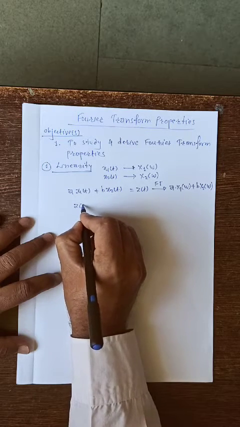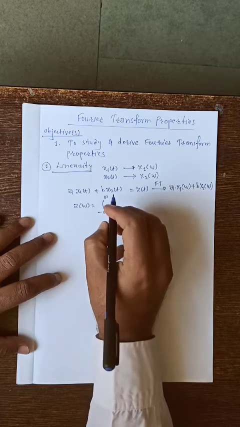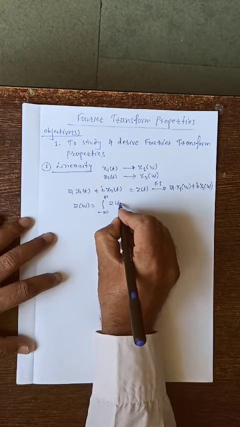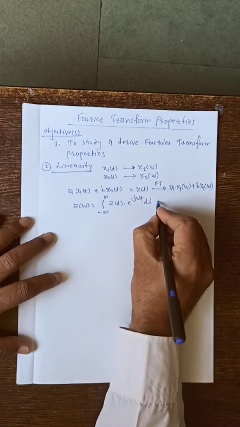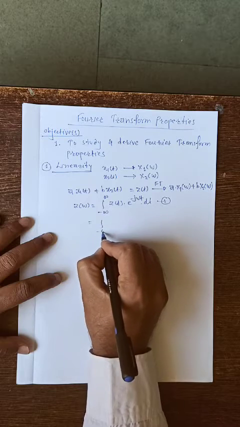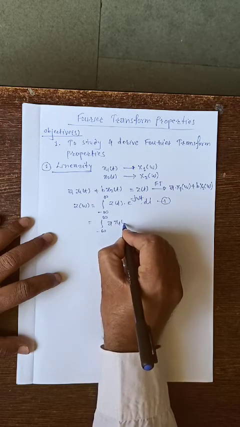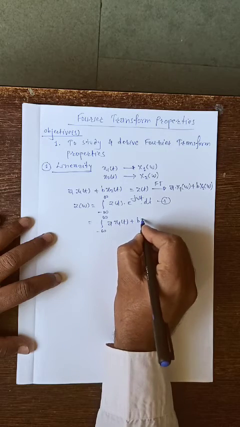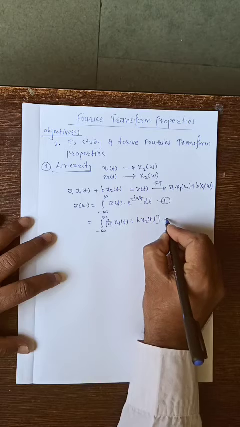So Z(omega) is equal to the integral from minus infinity to plus infinity of z(t) e^(-j omega t) dt, that is the equation of the Fourier transform.